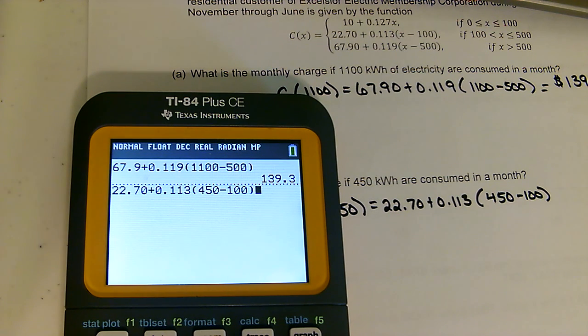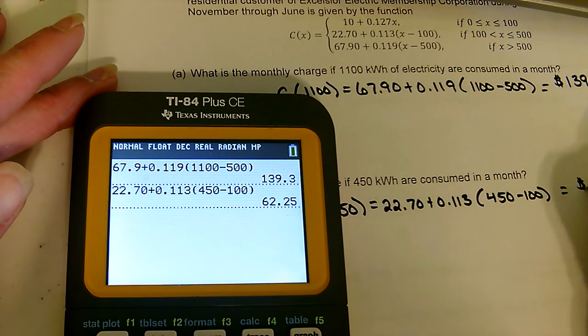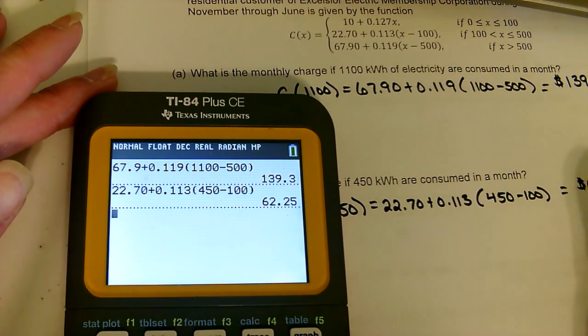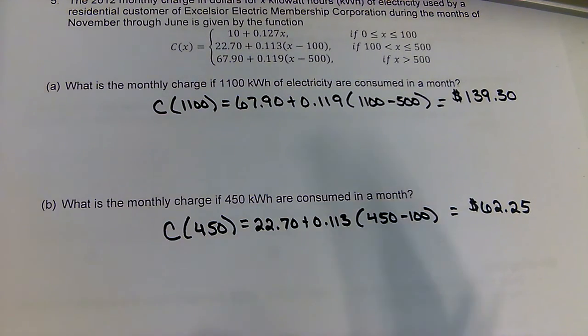Notice if I'm typing it in the calculator, or if you're typing it into Desmos, it'll do everything for you. $62.25. So you're getting actually charged at a different rate depending on your usage.